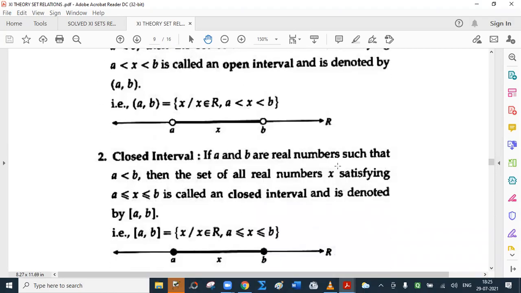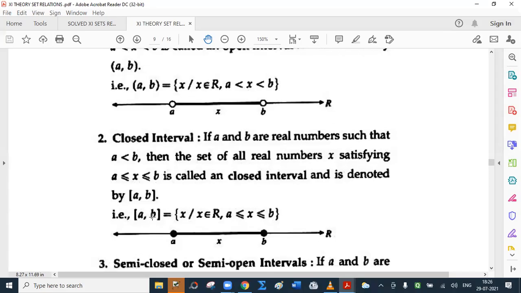If a and b are real numbers such that a is less than b, then the set of all real numbers x satisfying a ≤ x ≤ b is called a closed interval and is denoted by enclosing a and b within square brackets.